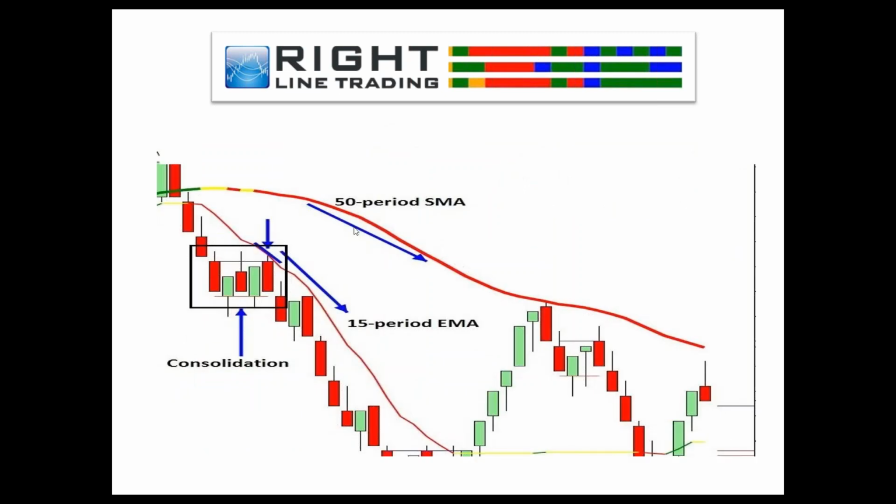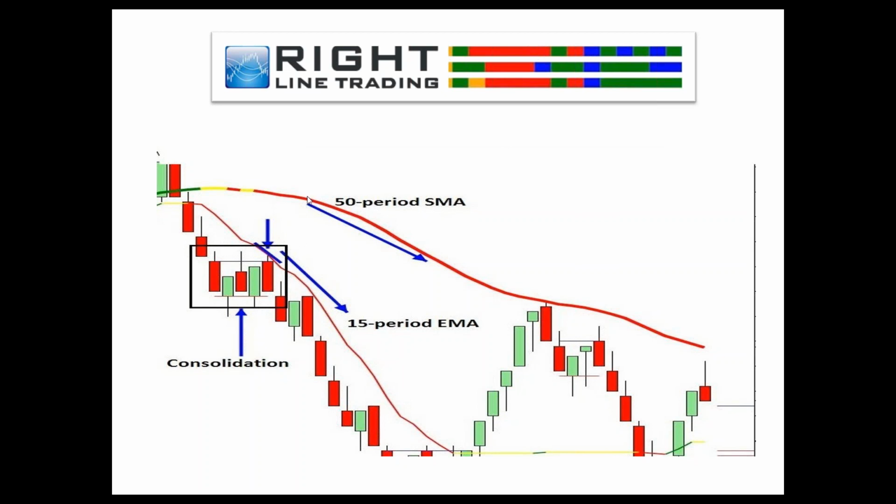Now, the other thing that we look at is the direction of the 50 and the 15. I mentioned it before, but we want the 50 simple SMA. This is just a simple moving average. And we want our proprietary 15 to be moving to the downside.